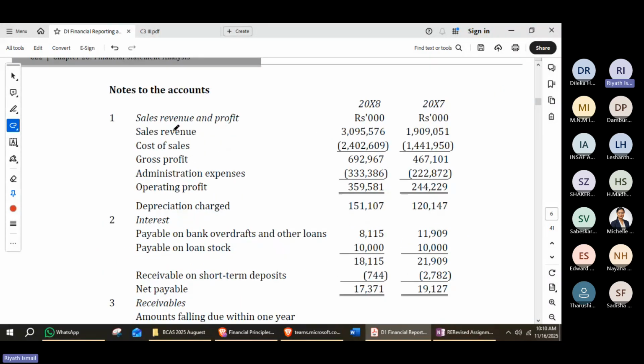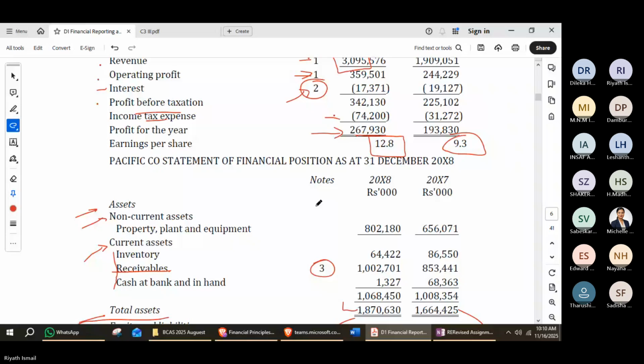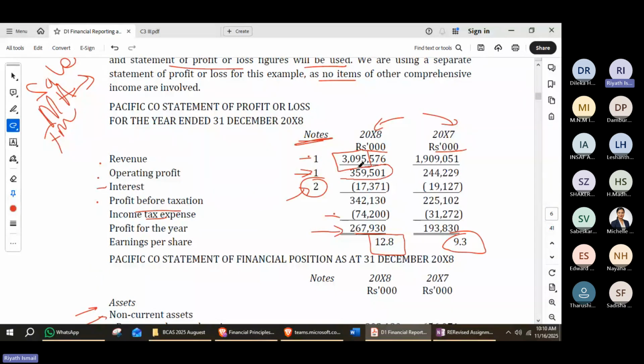The note under the sales, note 1, you can see the sales revenue, cost of sales, gross profit, admin cost, operating profit, right? So this figure has been given to you. In addition to that, how much depreciation cost, a non-cash item. So this figure you can find there, 359. Yeah, 359.